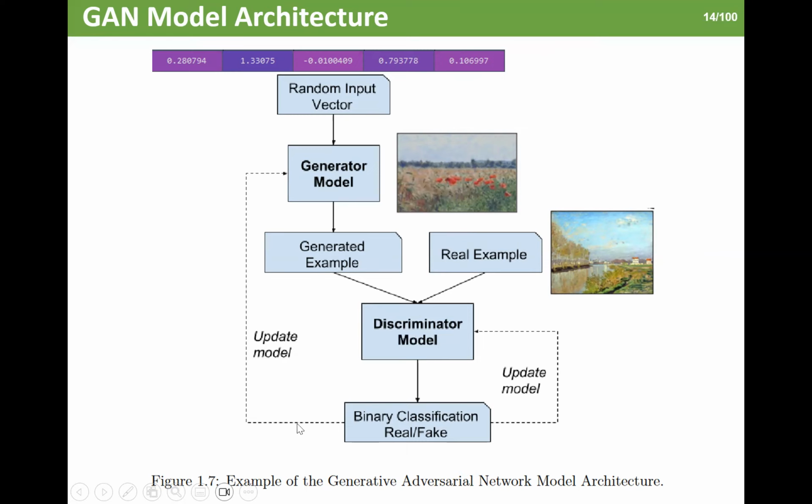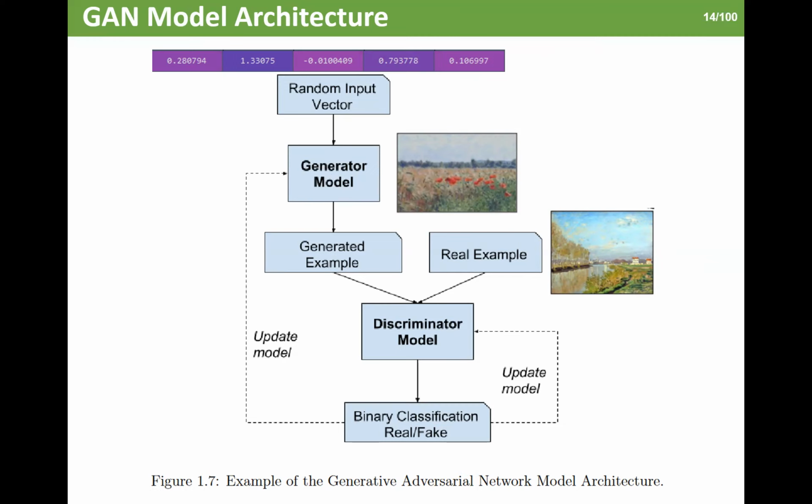If the discriminator guessed correctly and said, "Oh, this is a fake," then the generator has to update its network to say, "Oh, I didn't make a realistic Monet painting. I need to adjust my weights somehow."